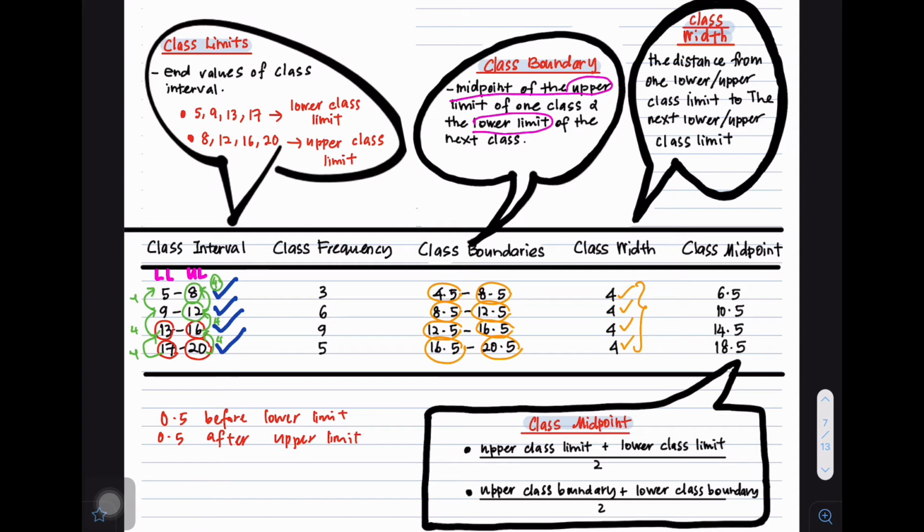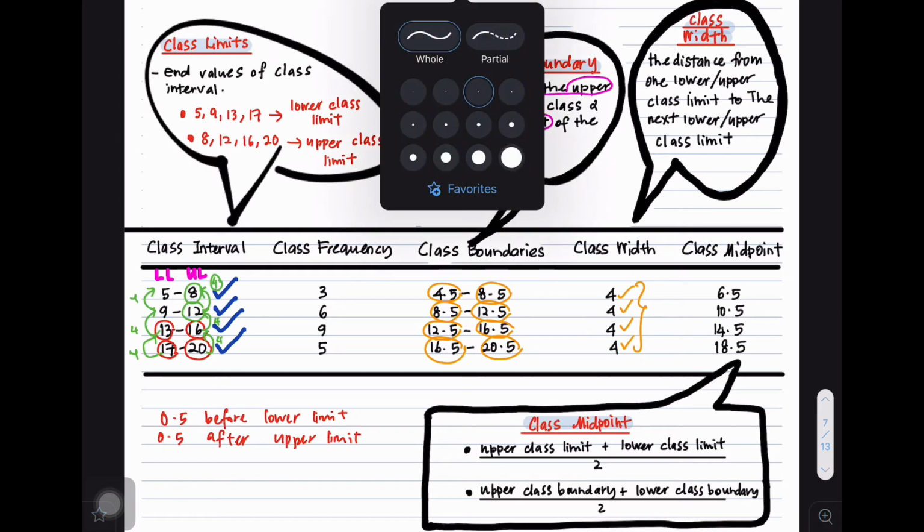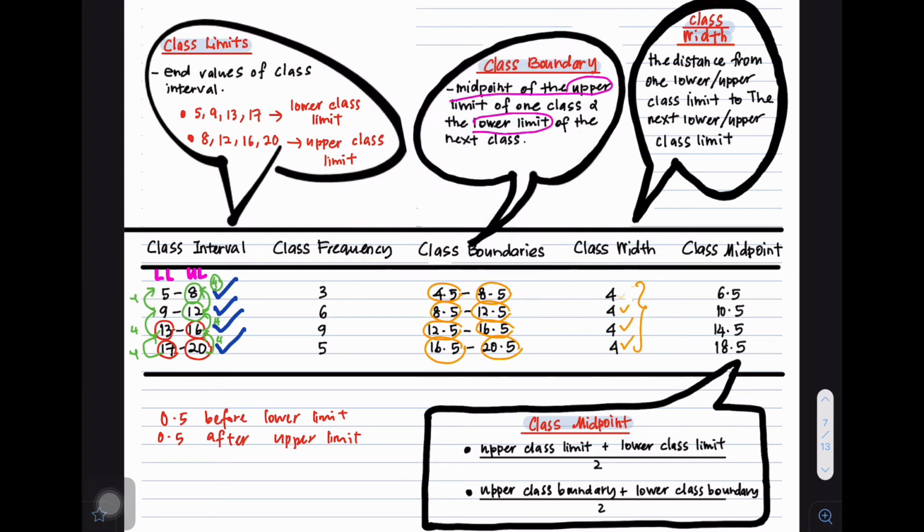So that is the class width or the class size. Okay, so how can you find the class width and the class size? Either you use the lower limit minus the previous class lower limit, or you can just subtract the lower boundary from the upper boundary for each class to get the size of the class or the class width.